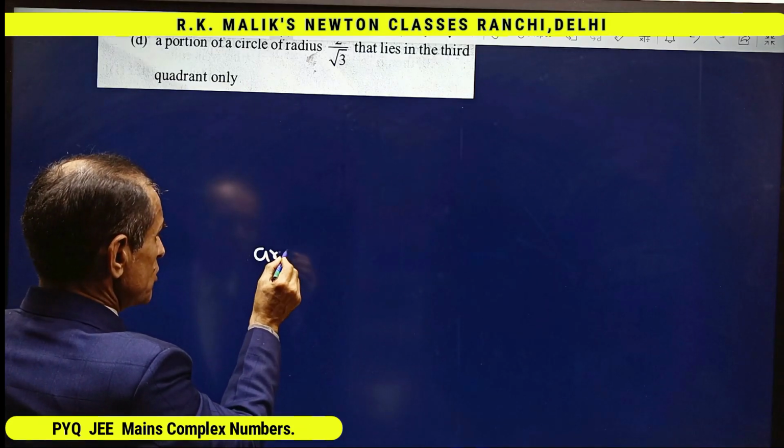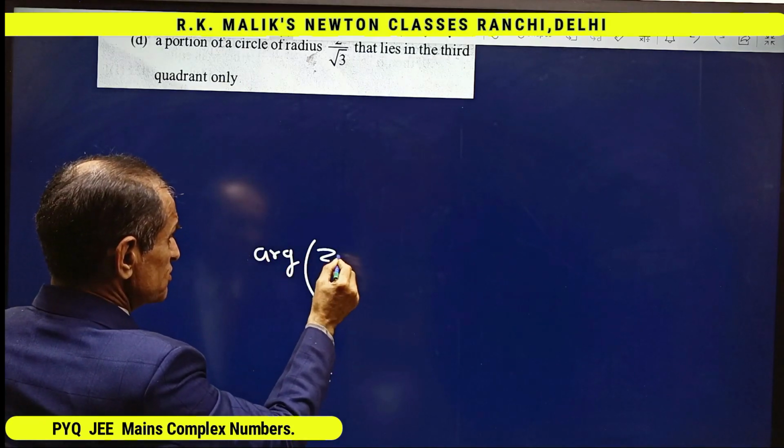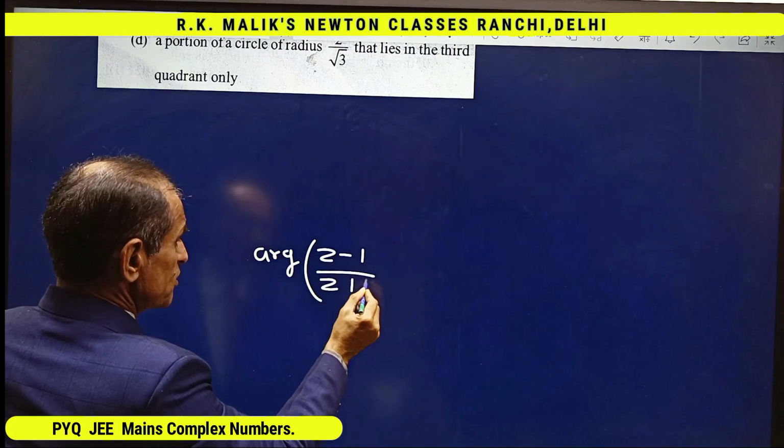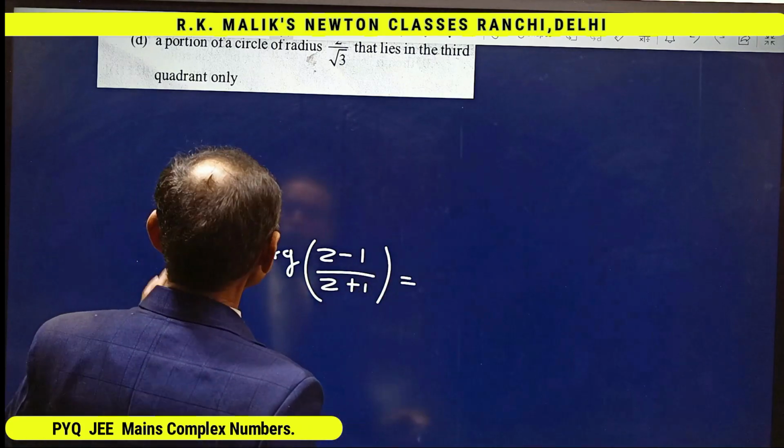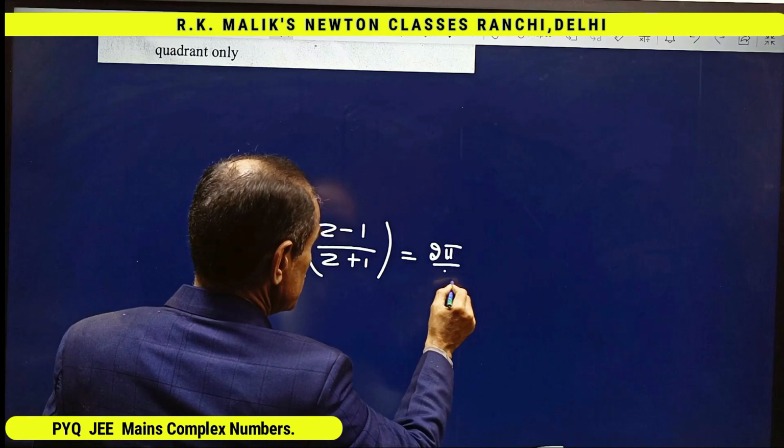Now, argument of (z minus 1) upon (z plus 1) is equal to 2 pi by 3.